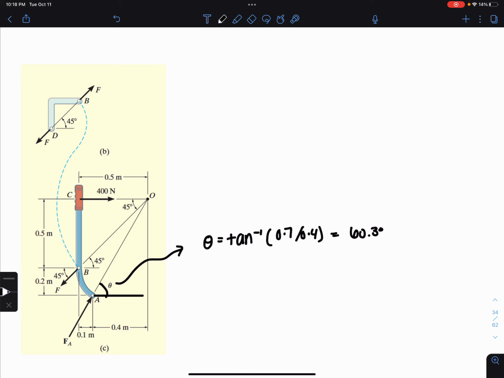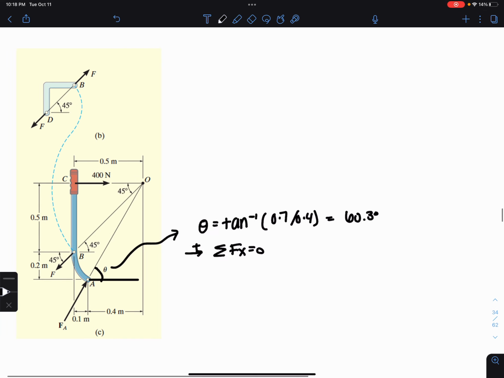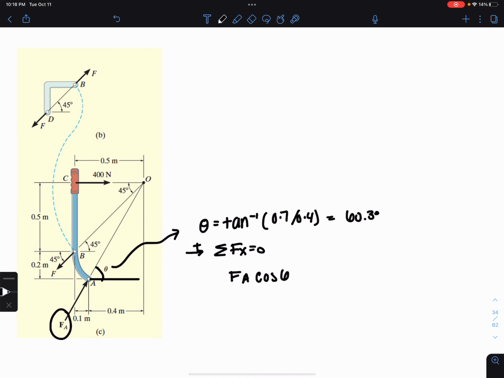Now I can sum forces in the x direction here. I would get my FA right here, cosine 60.3 minus F cosine 45 plus 400 equals 0.